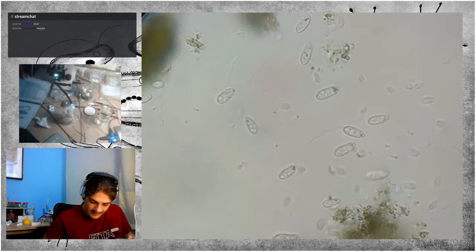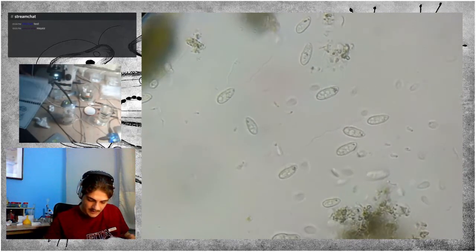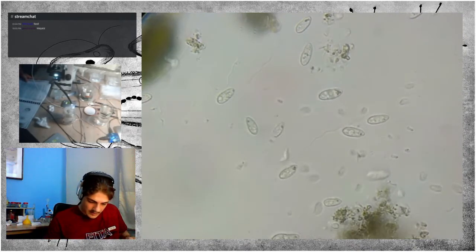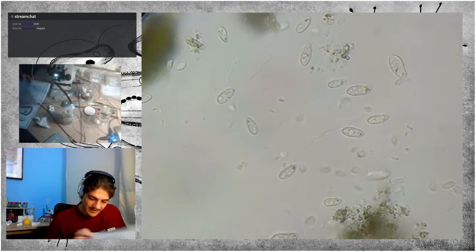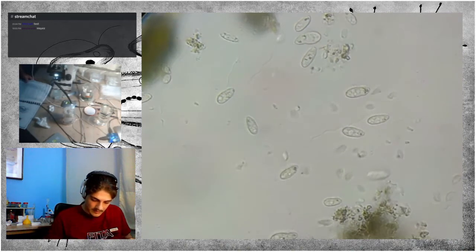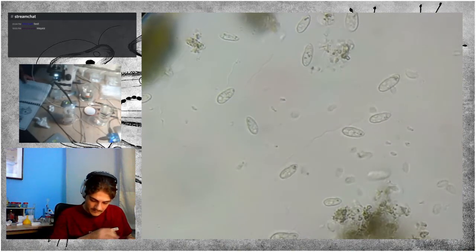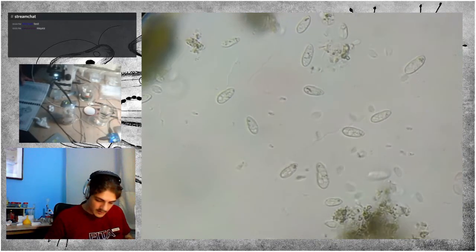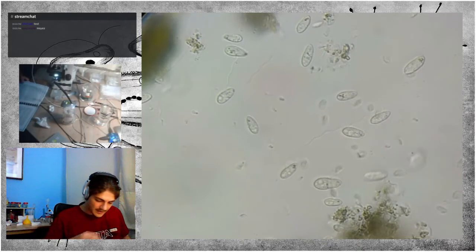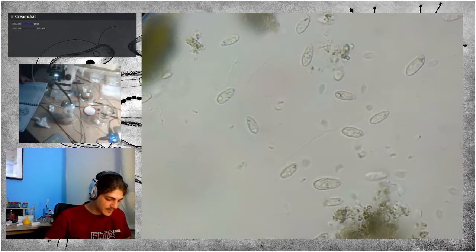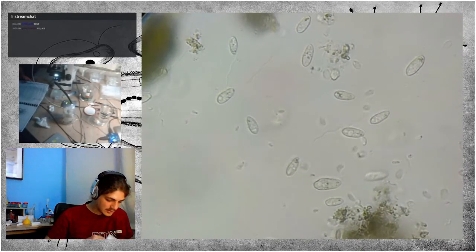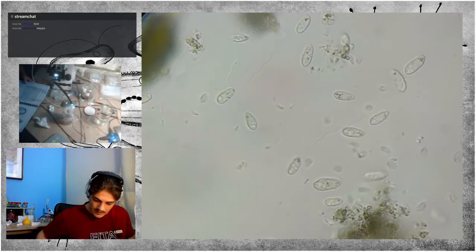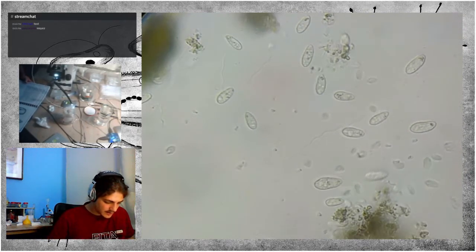Now, regarding the ciliates, I haven't found something resembling them. And I don't think they are either spirotrich ciliates or hypotrich ciliates.